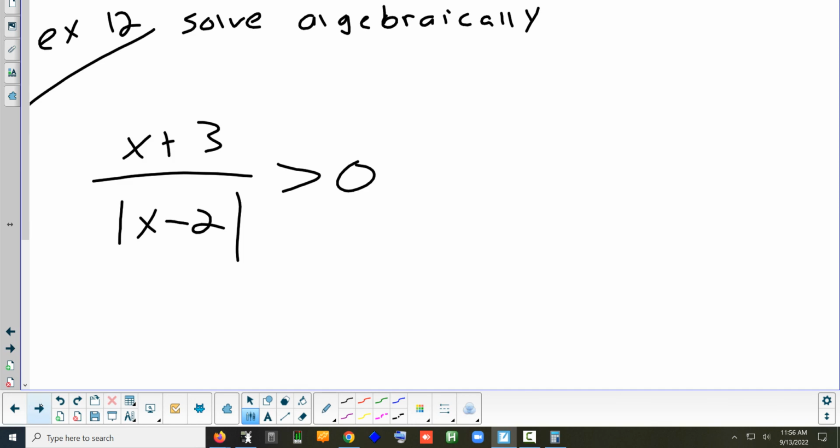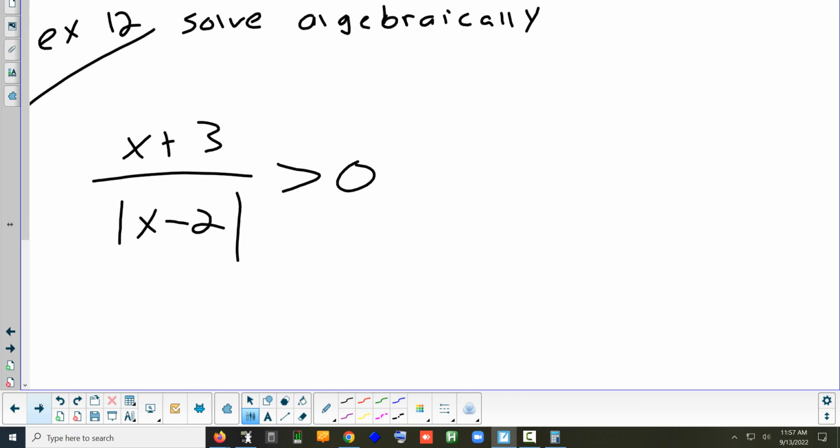So let's look at this one. Solve algebraic. This will be our last one. They want to know where (x plus 3) divided by (x minus 2) is greater than 0. Multiplying x minus 2 on the other side.